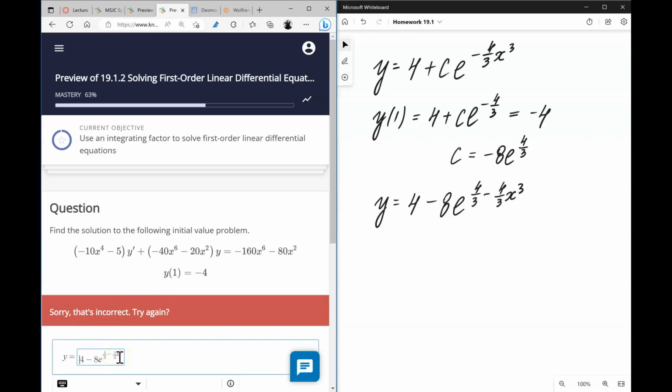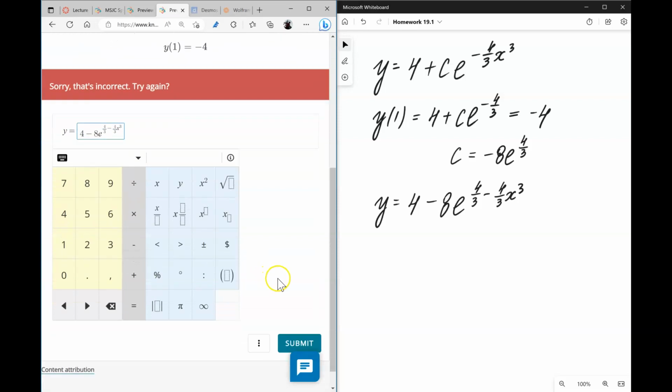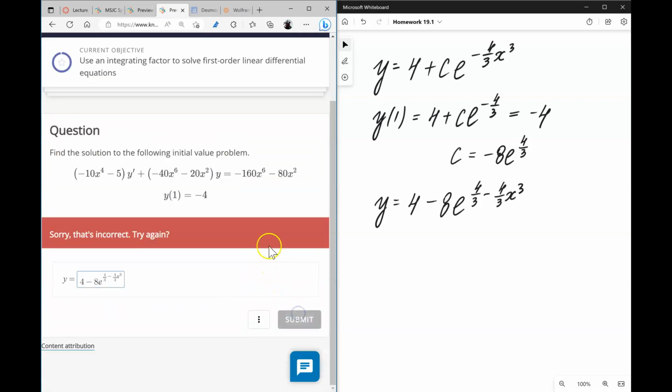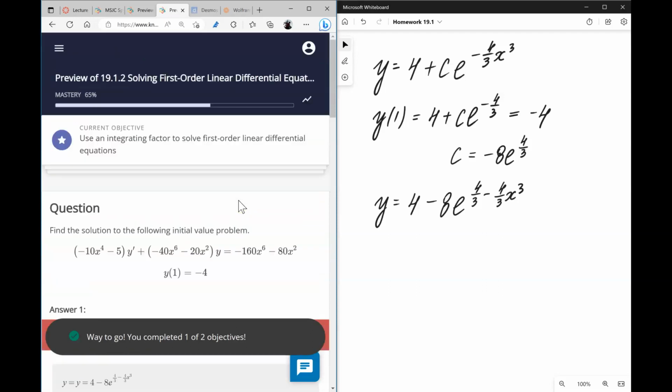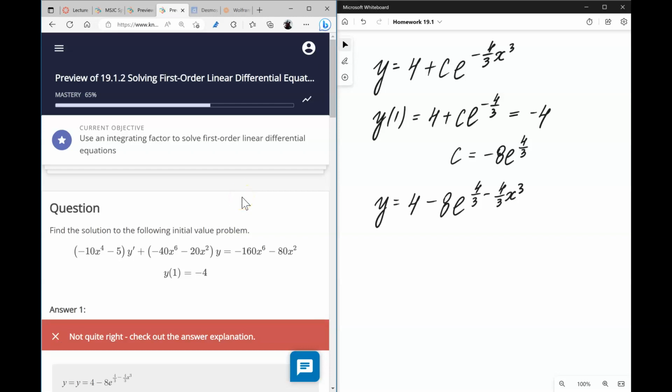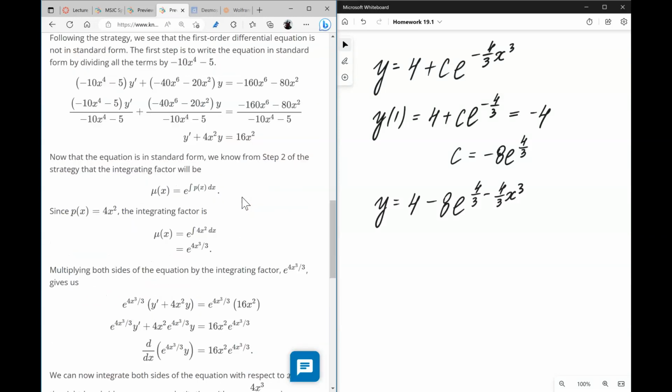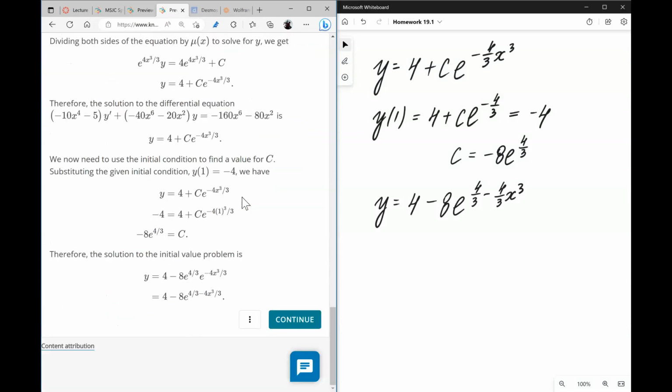Why did I type y equals? So there's no equals here, just that. Well, hopefully this is correct. All right, let's move on.